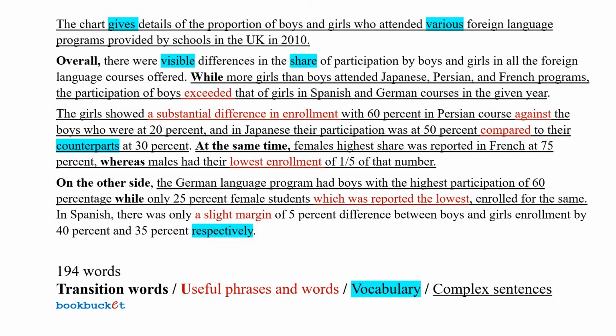Okay, now let's move to the next concept, that is lexical resources. You can see we tried to include different words in the essay throughout. You can see that in color code blue we have different words available. At the same time, in red as well, you can see different words to make comparisons, like against, compared to, exceeded, like that.